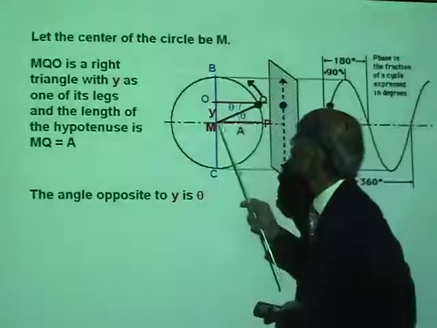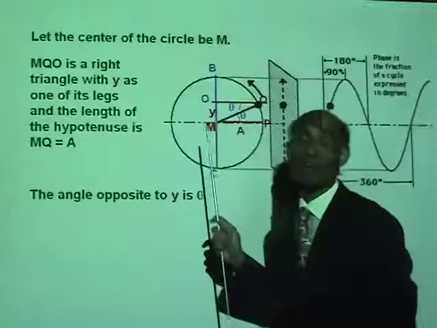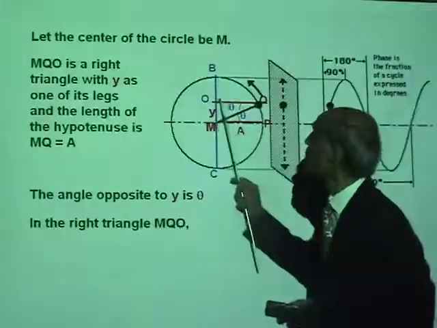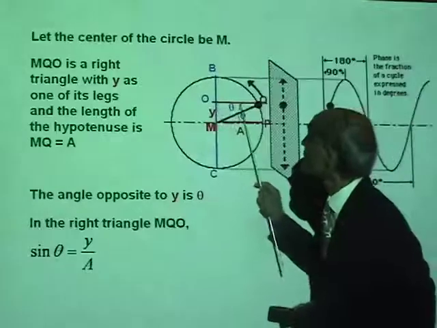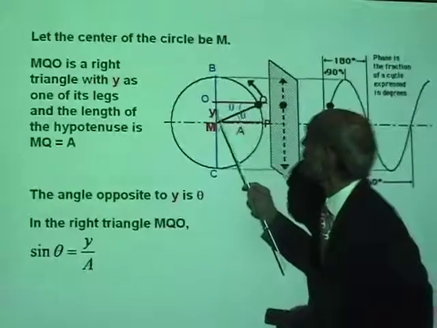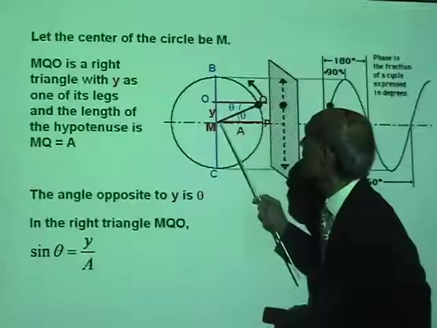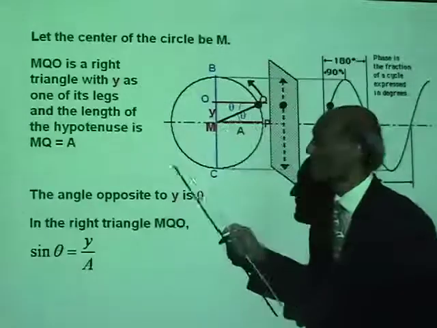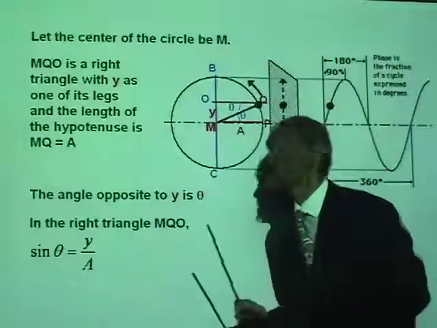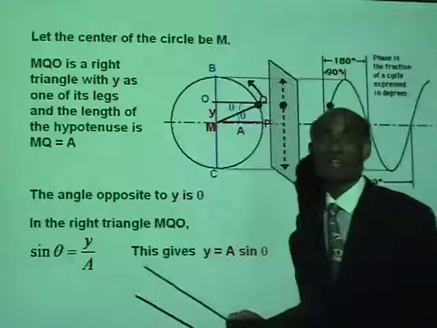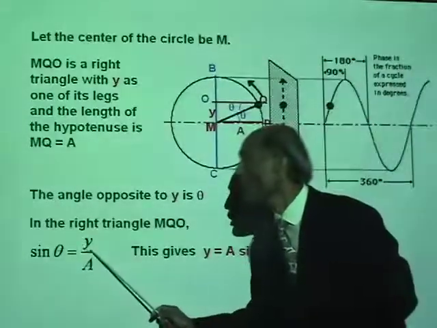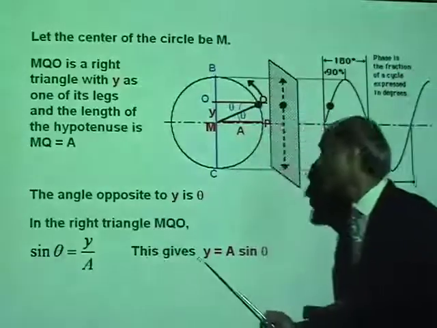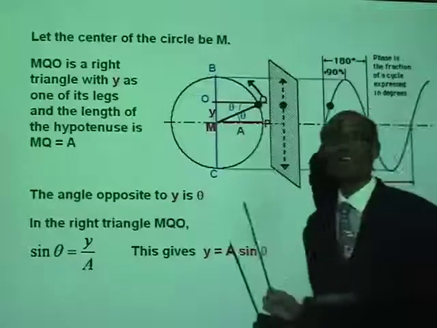Remember, the length of the hypotenuse is A. In the right triangle MQO, sine theta, look at this, sine theta is opposite side divided by hypotenuse, which is Y divided by A. Sine theta equal to Y divided by A, and therefore solve for Y from there, multiply both sides by A, you get Y equal to A sine theta.